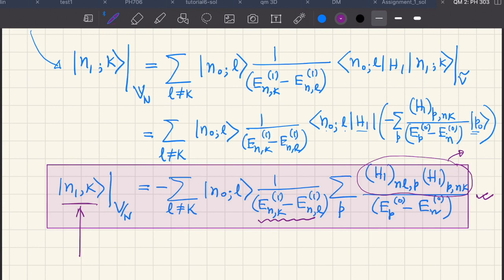Because this ENK1 minus ENL1, remember that each term here has a power of H1. So it is first order in the perturbation. So this ratio, second order in the numerator and first order in the denominator, will make sure that the whole result is up to first order in the perturbation.